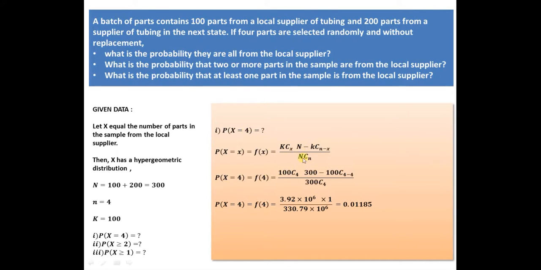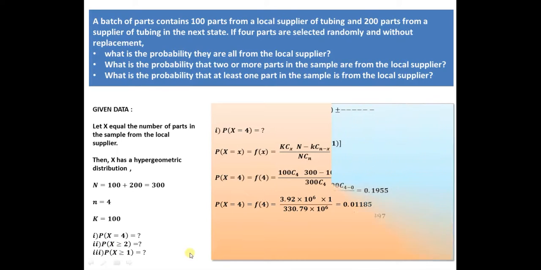Similarly, substitute N as 300, k as 100, and small n as 4, so (300 minus 100)C(4 minus 4), divided by 300C4. If we solve this, we get the first answer, 0.01185.